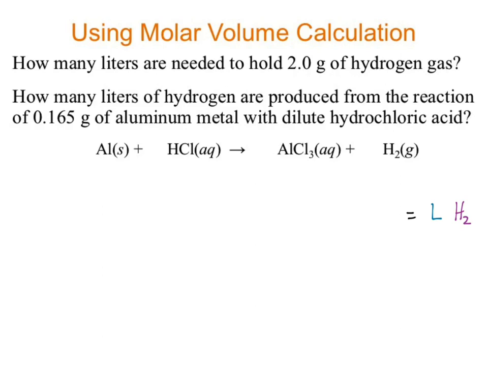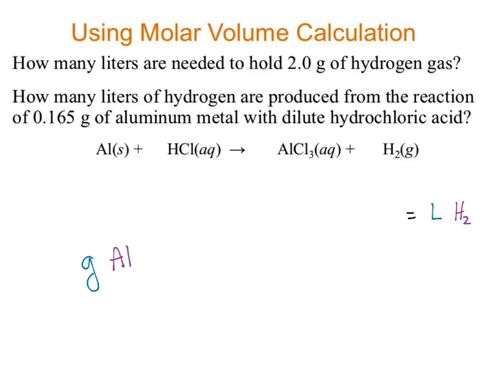Step 2, what's the given information? You gotta solve the chemical equation, right? We'll come to that. What's our given information? We want liters of hydrogen gas. What are we given? Grams of aluminum metal.